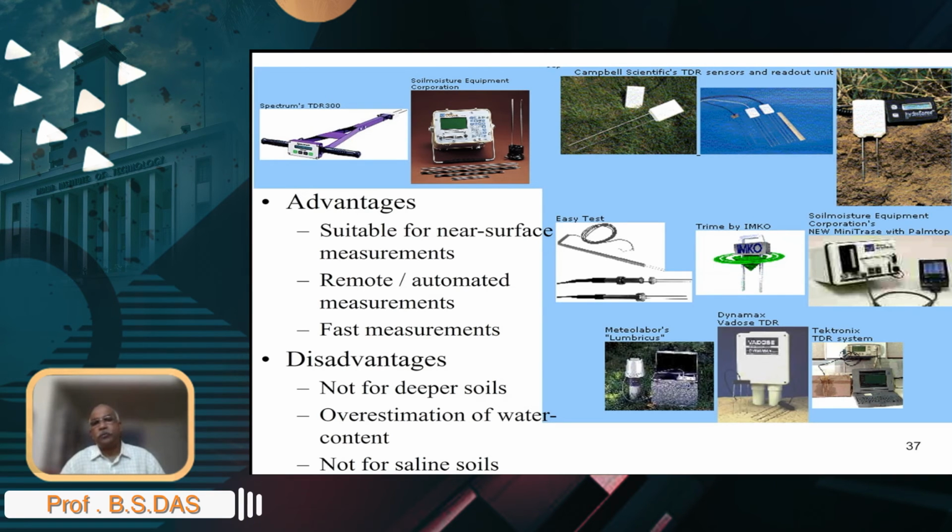The handheld ones, you could do automation with this because of the electrical nature, and some of the advantages are the sample volume. The TDR probes typically are about 10 to 15 centimeters long, and the distance between two probes is on the order of about 1 centimeter. So typically around 2 to 3 centimeter sampling volume, and all you need to do is insert a probe.